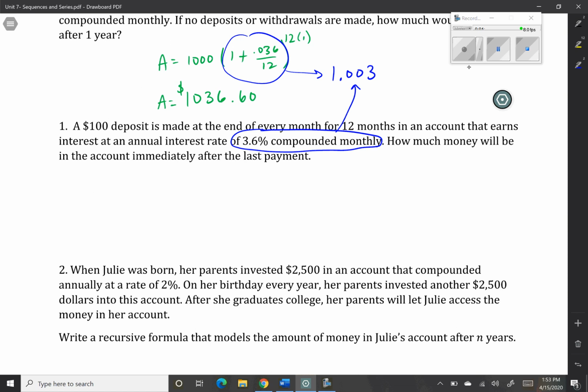So after month 1, I have $100. There's month 1. We'll even call that, we won't use A. We'll say month 1, M1. After month 2, I'm going to take that $100, multiply it by 1.003, and add another $100.